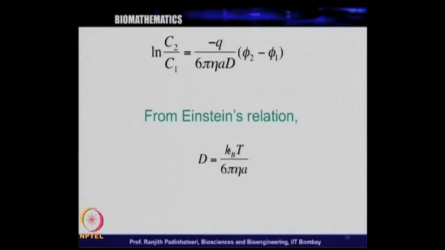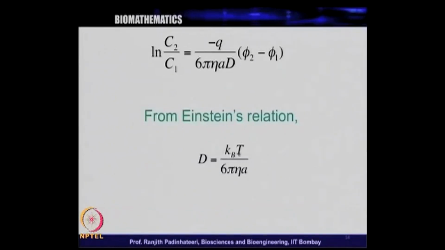So, KBT, where KB is the Boltzmann constant, T is temperature, eta is the viscosity, and A is the radius of the particle. So, this is a relation between the diffusion coefficient D and temperature and eta, which is the viscosity.